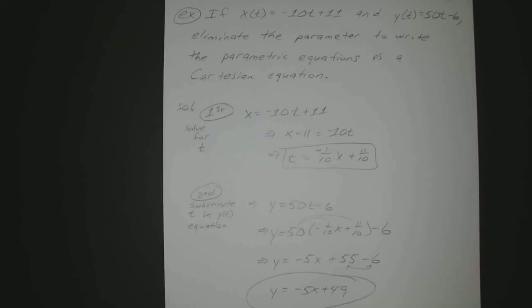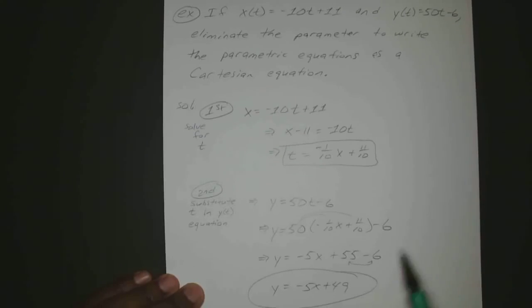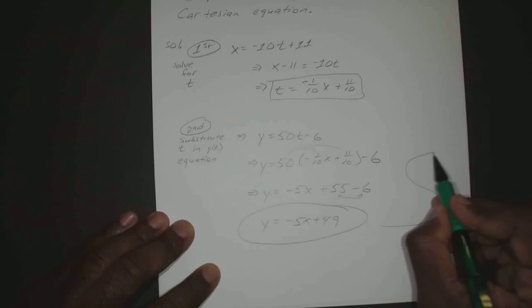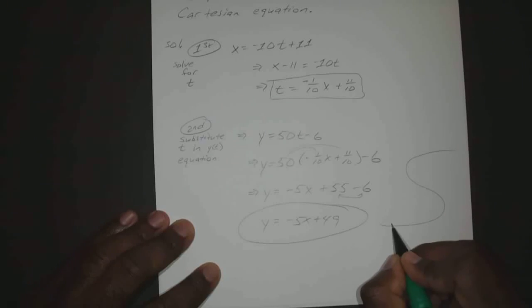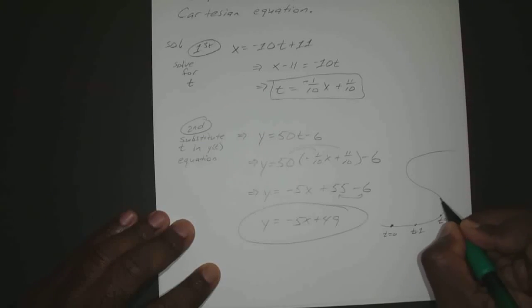So with that one, really it would depend on the motion you're trying to graph. Let's say, just out of curiosity, your graph is going like that. Let's say this is t equals 0, t equals 1, t equals 2, and it keeps on going.